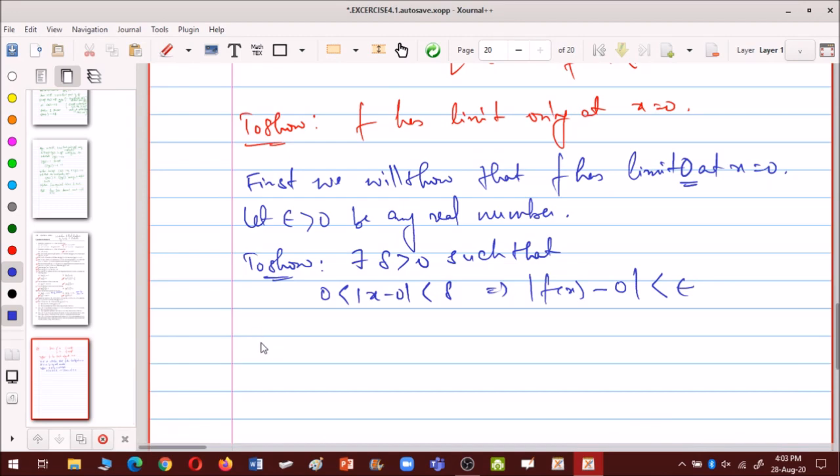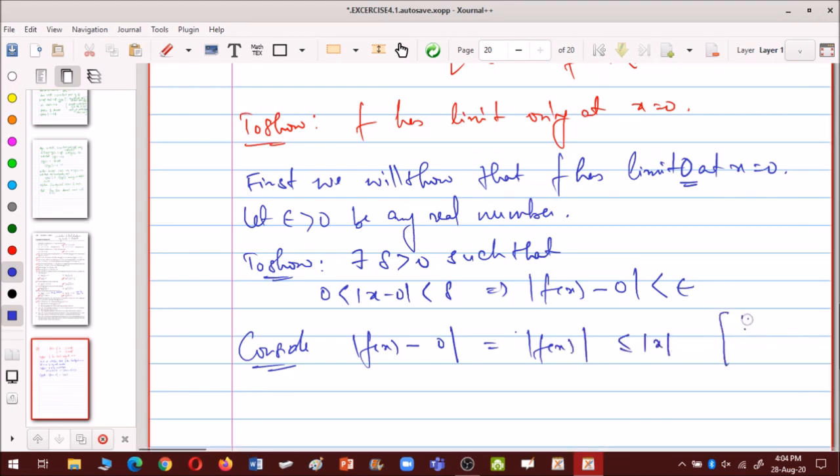So start. Consider |f(x) minus 0|. This is equal to |f(x)|, and |f(x)| is always less than or equal to |x|.